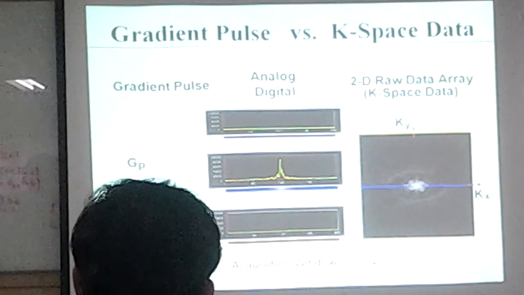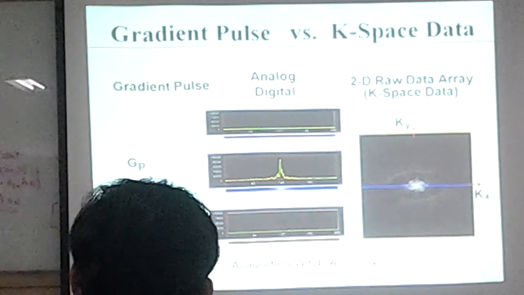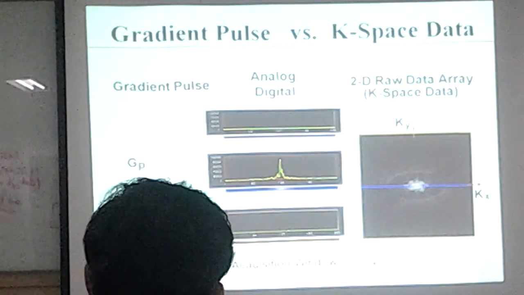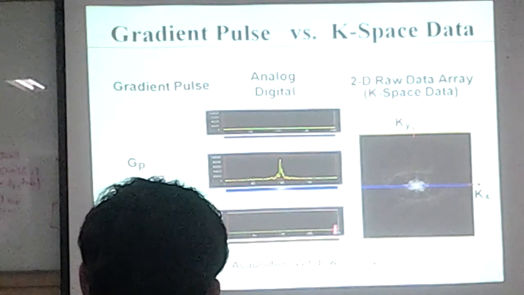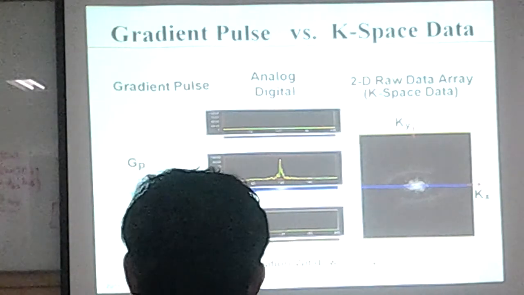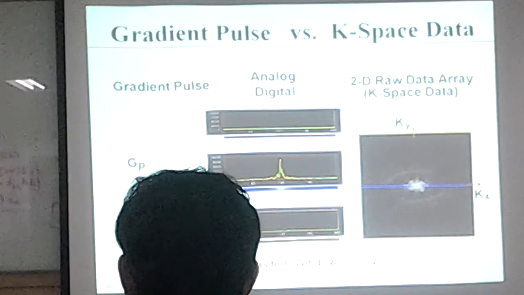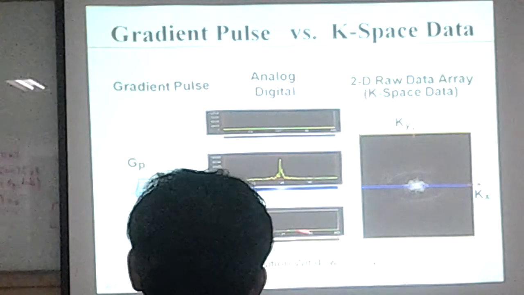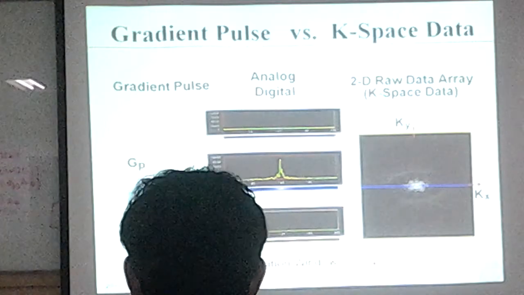The phase encoding gradient is applied first. After that, the readout gradient is applied to get the MRI signal.